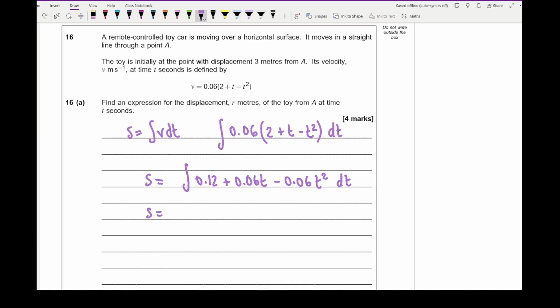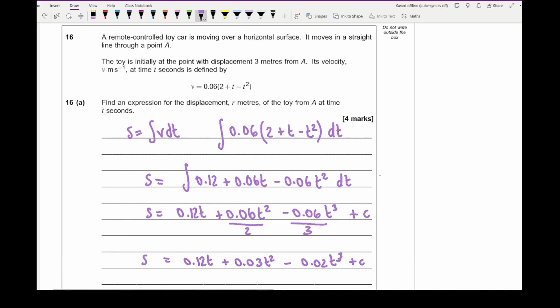If we do that, we get 0.12t, we get 0.06t squared divided by 2 and 0.06t cubed divided by 3 and a constant of integration. We can take the terms that have got fractions and simplify those. So 0.12t plus 0.03t squared minus 0.02t cubed.